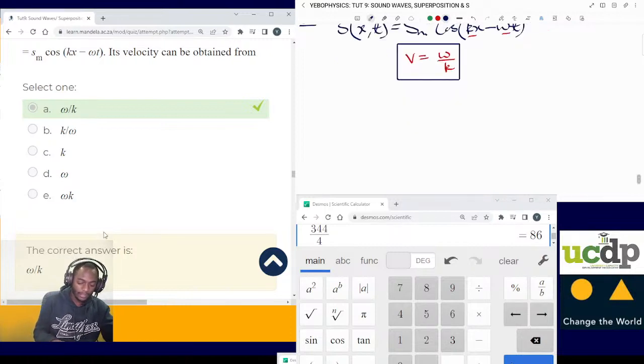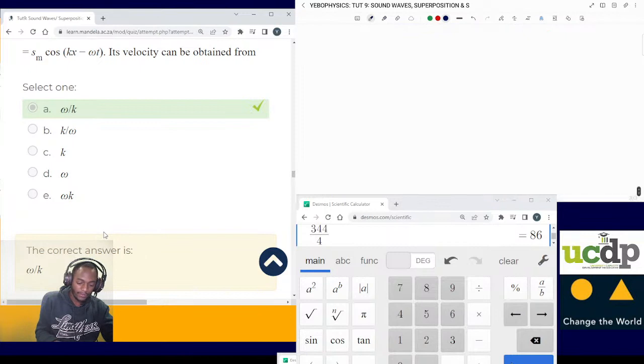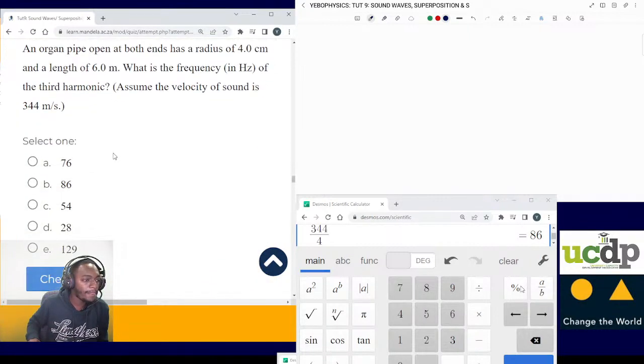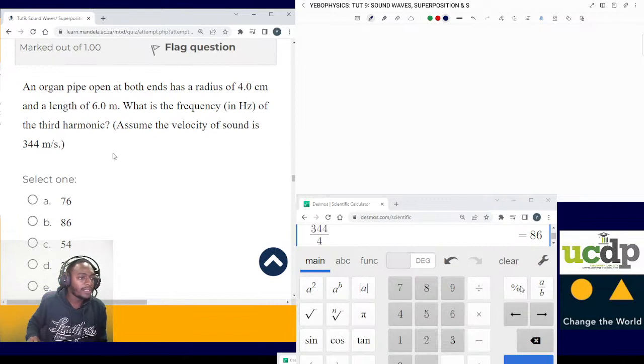Now let's jump on to question 24. Question 24, and what does it say? It says an organ pipe open at both ends.